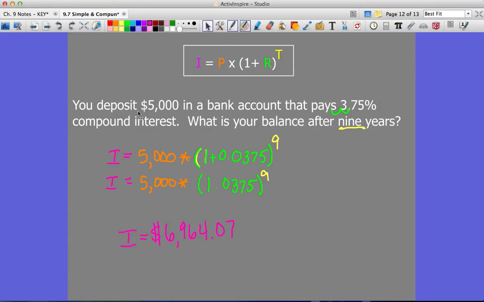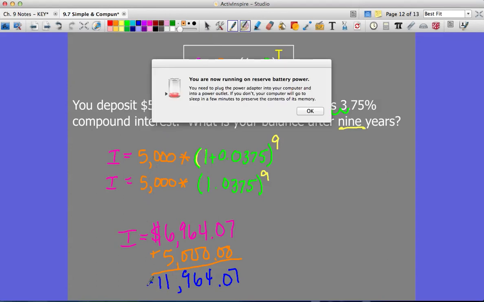And then remember, you deposited $5,000, so you actually earned a lot of money by doing this, because if you add your original $5,000, you'll see that your balance was $11,964.07. That's a lot of money earned, but at the same time, if you borrowed that much money, that's a lot of money to pay back.